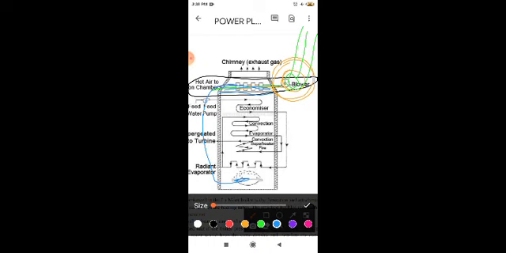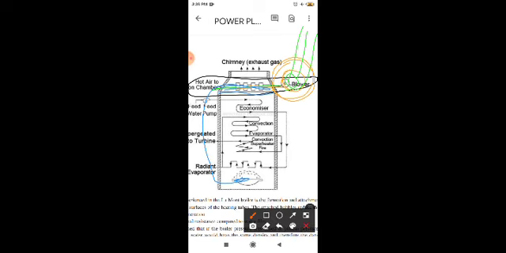Why? Because the fuel should not be lost in heating the air. That's why the air is preheated before it is supplied to the furnace, to reduce the loss of fuel in heating that air. The temperature of the flue gas also gets decreased, and we are saving energy to increase the temperature of this water.